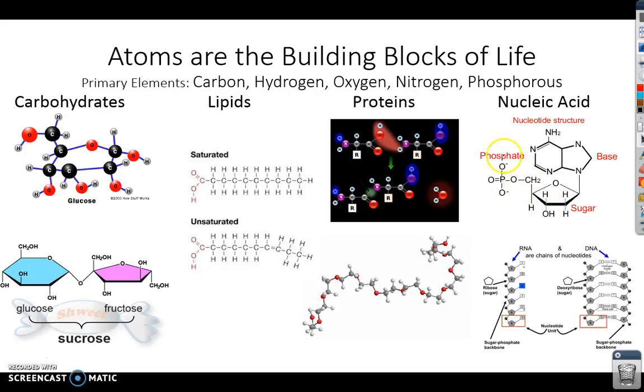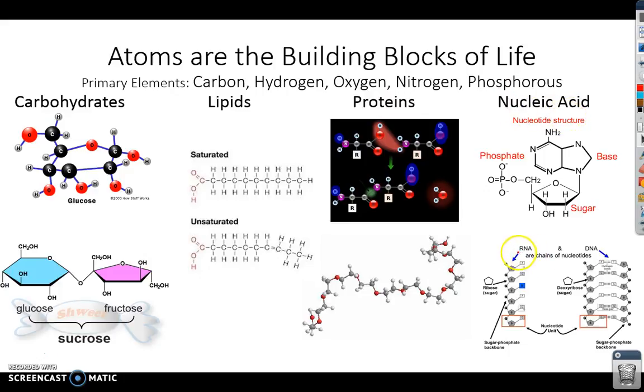This specifically is a phosphate group, so a PO4 with a -2 charge. That's a phosphate group. So a nucleotide is a nitrogen-containing base, a sugar, which is carbons, hydrogens, and oxygens, and a phosphate group. So now we've got all five of our different elements found in this nucleic acid.